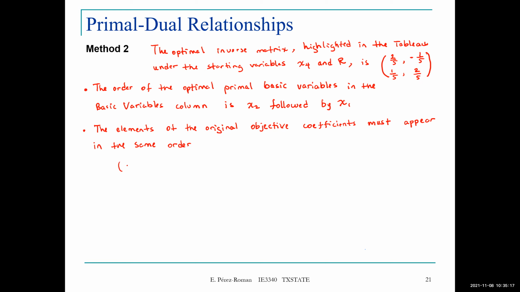So the original objective coefficients will be equal to the coefficient of x2, then the coefficient of x1.